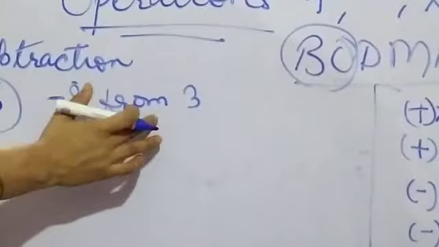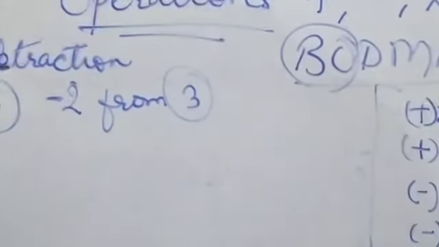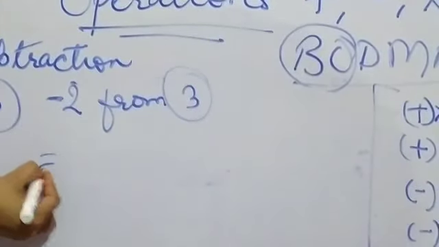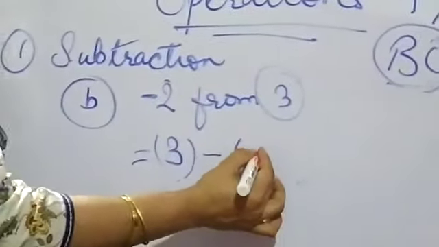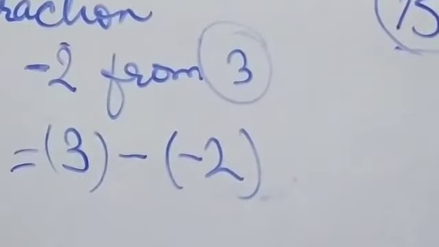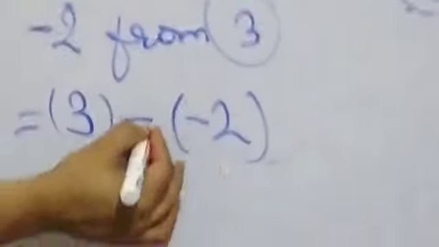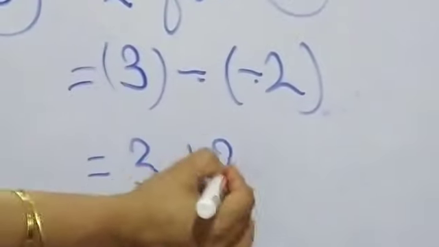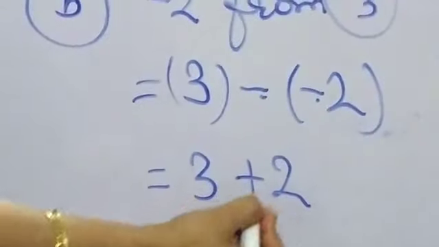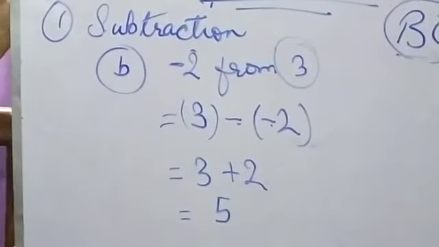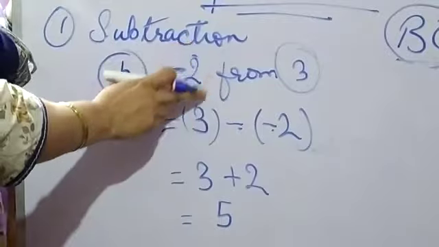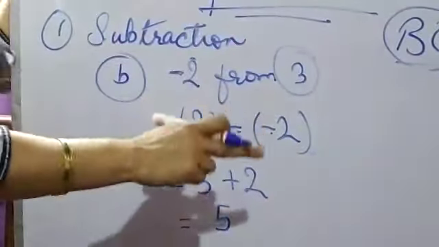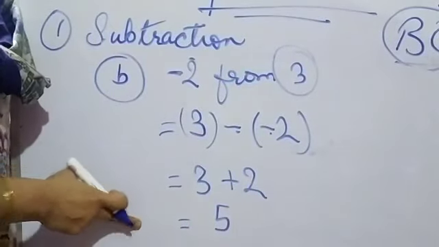From this, which number do you write first? It is 3. Clear? 3 minus (minus 2). So this is 3, minus of minus is plus, and here it is 2. 3 plus 2 is 5. Now some of you are thinking that it is subtraction and you are doing addition. Yes. In integers we have to go through these rules and follow them, then do the operations with it.